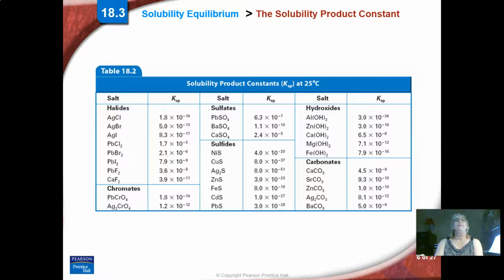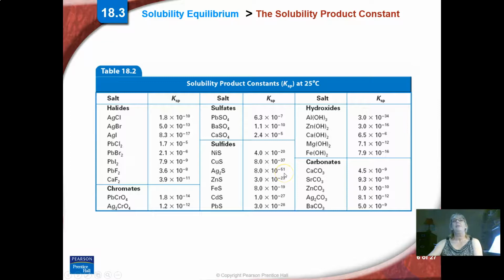So if you look at these numbers, really small numbers mean things will not dissolve in water. So aluminum hydroxide will not. Things with barium will not. A lot of these are really small numbers, really teeny tiny numbers.